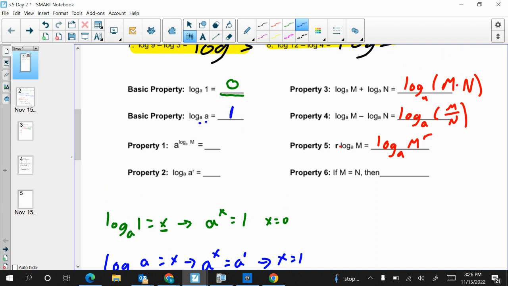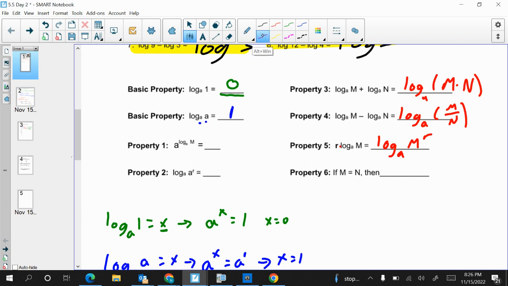So when you have the base of the log as the input, it's always just going to be 1. All right, you can kind of think of this as the log is undoing that power. And so this is really where logs and exponentials, this idea of inverses, really comes into play.